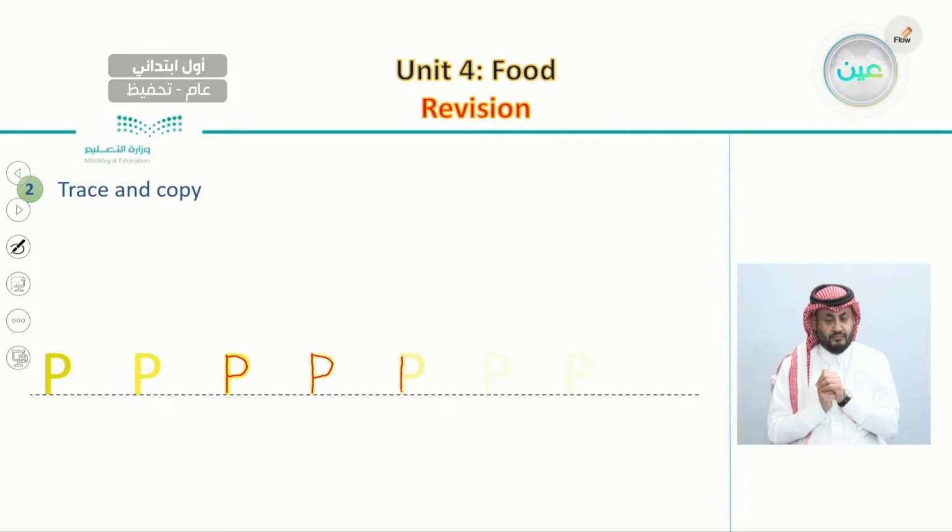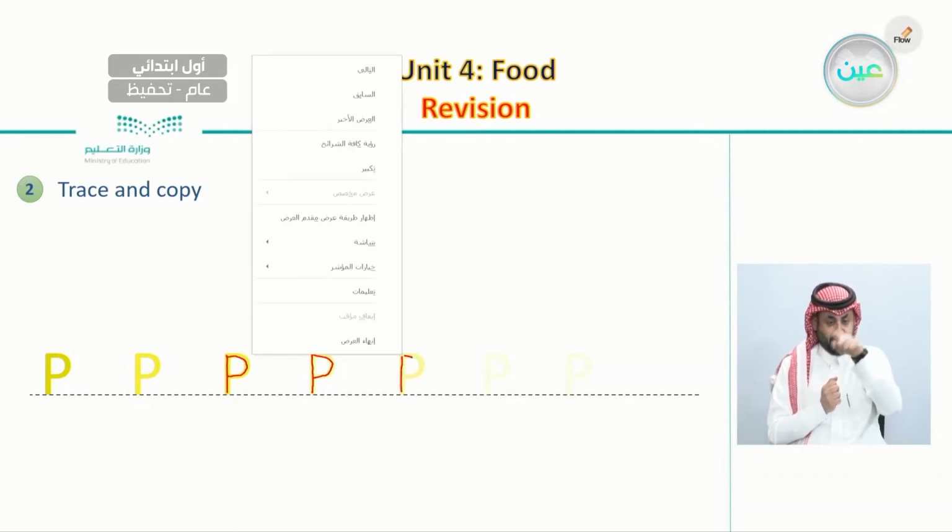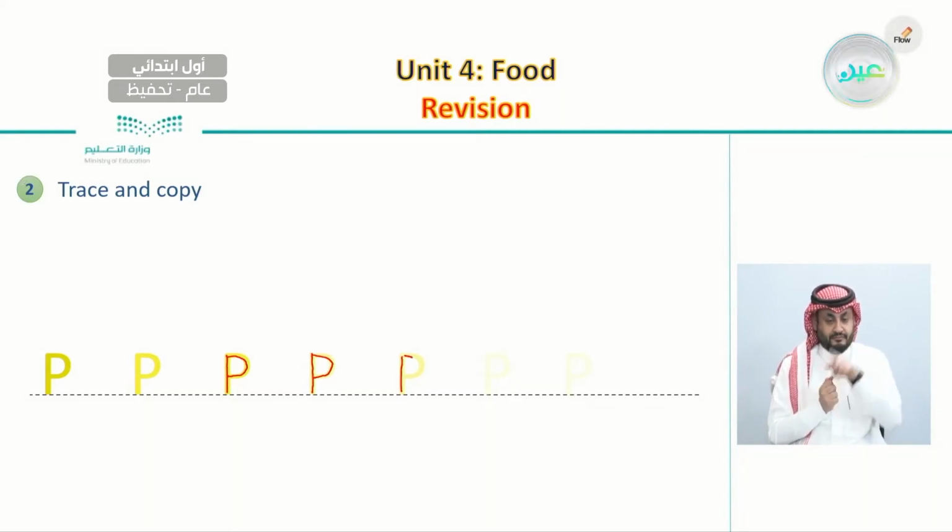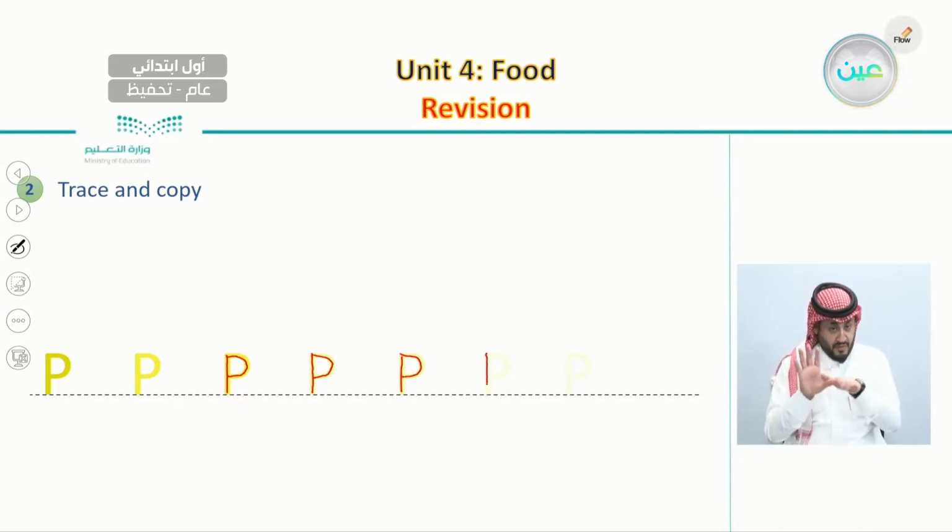So here you go. The letter P from the word parrot, a bird. This is how we trace the letter P, and we draw a line like this, and we complete the circle.